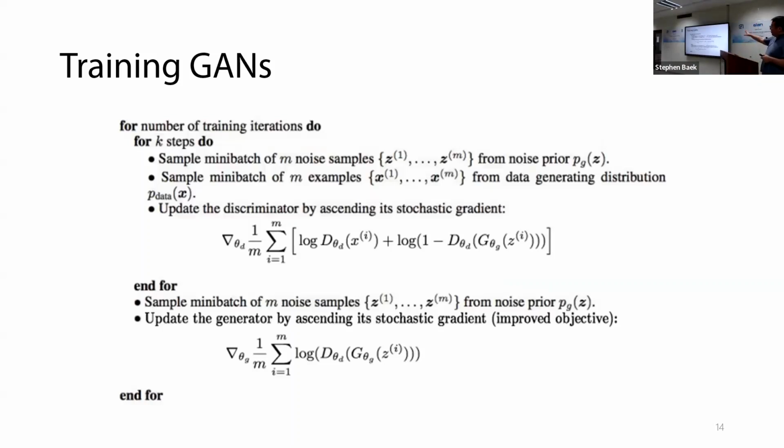So putting this all together, this is the usual pseudocode for the training of GANs. So we have the for loop, and then inside of the for loop, there are two parts. The first part is the update of the discriminator. And the gradient for the discriminator is based off of these two terms, the discriminator loss and the generator loss.